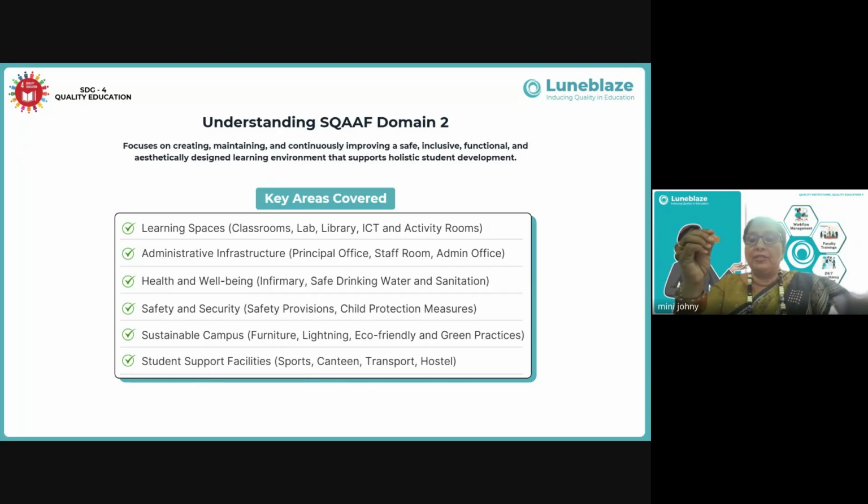Today we are dealing with the documents and evidence needed for the infrastructure domain, which focuses on creating, maintaining, and continuously improving a safe, inclusive environment where everyone feels safe, all the children, the special children, with barrier-free access, and all the resources functional and an aesthetically designed learning environment.